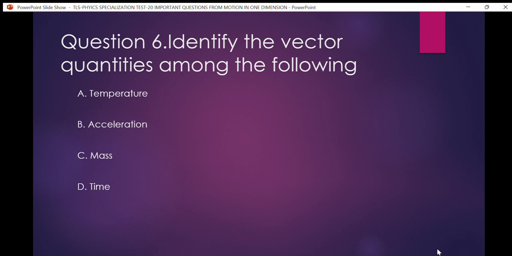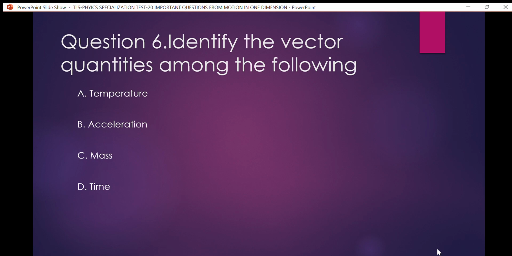Identify the vector quantities among the following. As I said earlier, physical quantities you can divide into 2, scalar and vector. But vector quantities have both magnitude and direction. Let us check the options. Temperature. Whenever you say what is the room temperature, we say 24 degrees Celsius or 27 degrees Celsius.